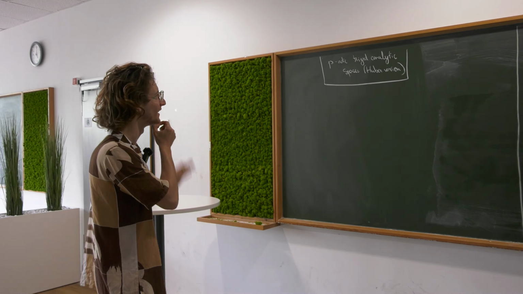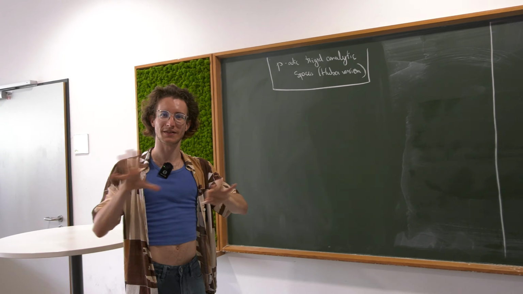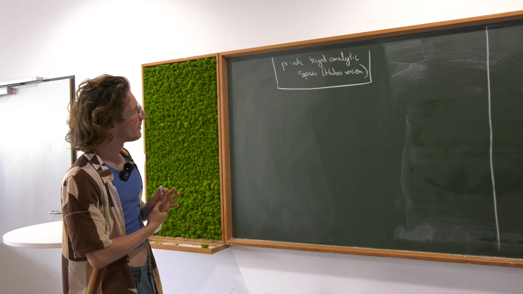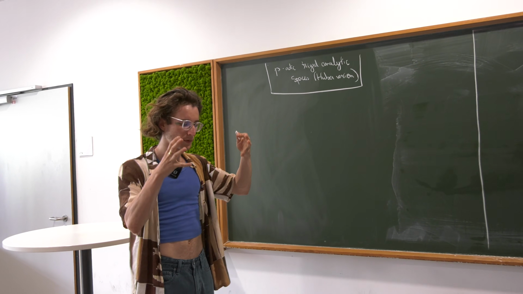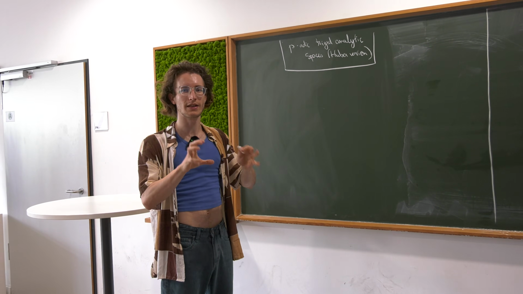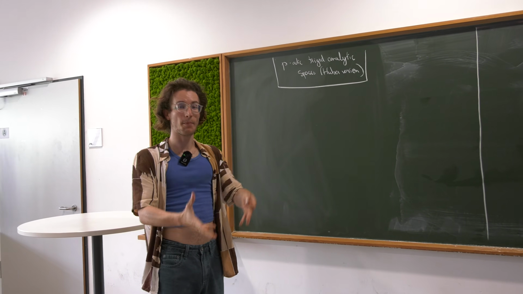Okay, so I'm going to quickly introduce you to p-adic rigid analytic spaces, which is something that I use maybe in my daily research. So the idea is first to try to make a p-adic analysis version, I will explain what it is, of complex manifolds.